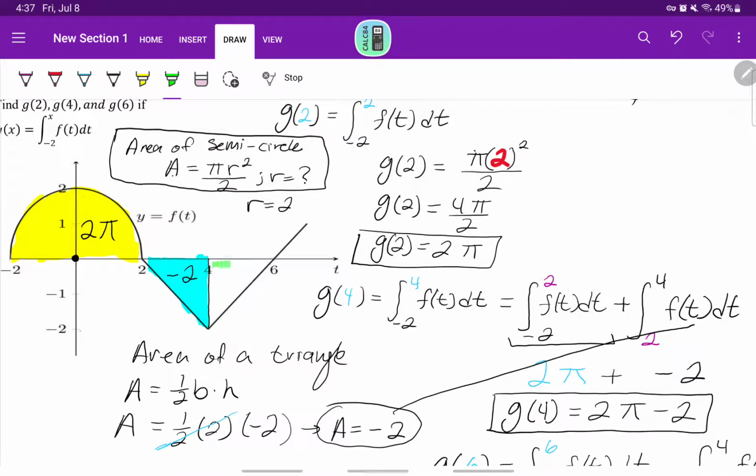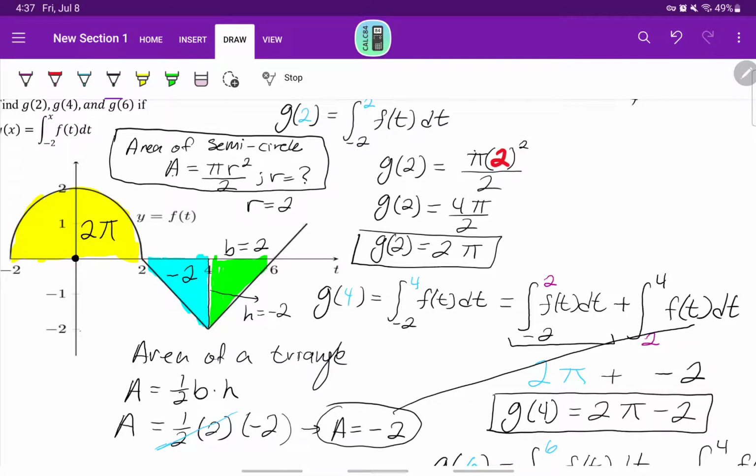From 4 to 6 is going to be another triangle. This triangle looks about the same area as the blue triangle because the base of this triangle is +2, but the height of this triangle is -2.